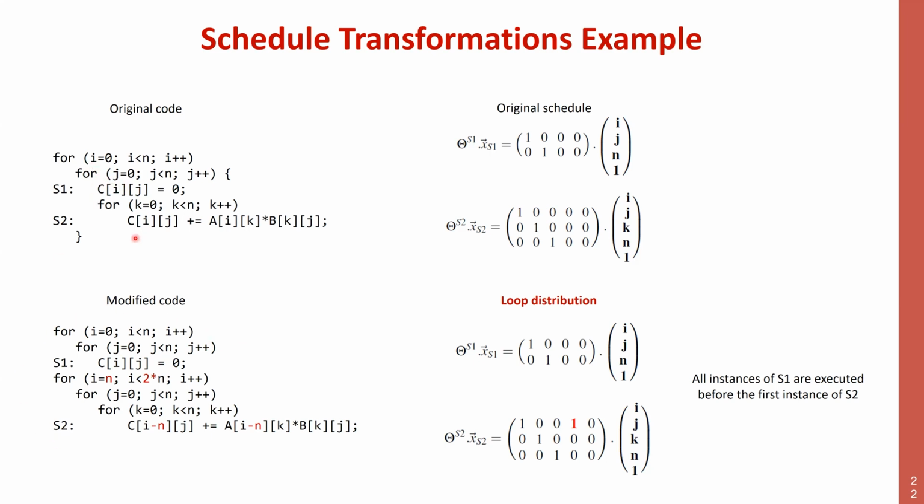Instead of having these two, S1 and S2, where S2 happens right after the corresponding S1, because the third loop is inside the second nested loop, the J loop, now the K loop happens by redoing afterwards the I and J. You see it here. So I has been translated by N, has been moved N after. So it's completely after all these iterations, which corresponds to a loop distribution or a loop splitting, however you want to call it, right?